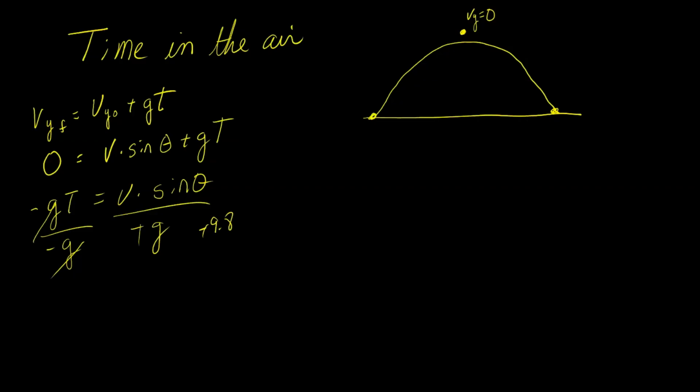So we can say then that time is equal to velocity times sine theta divided by g. Now this is for half of the flight. So it's going to take the same amount of time going up as it does going down because gravity is still acting. So I'm going to multiply this times 2.